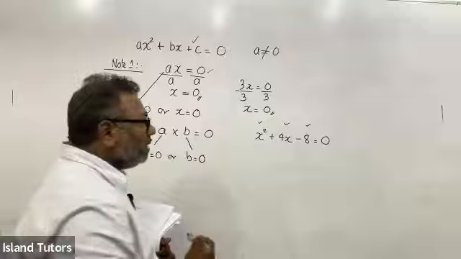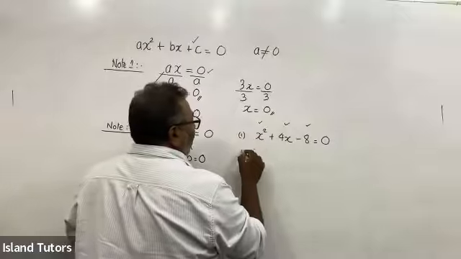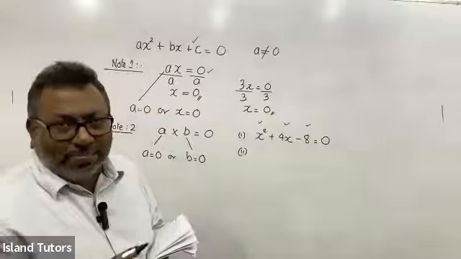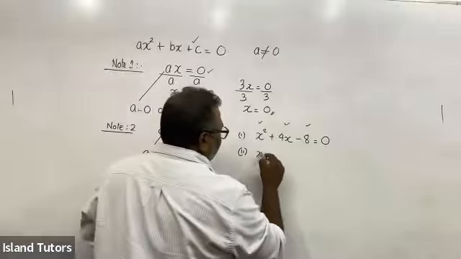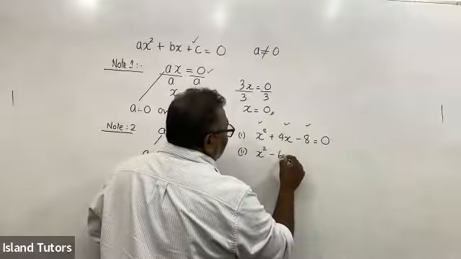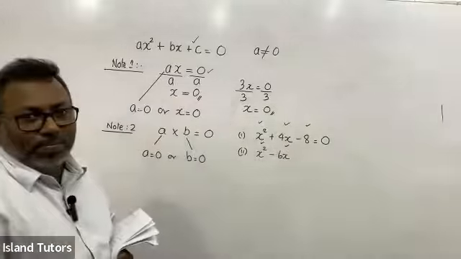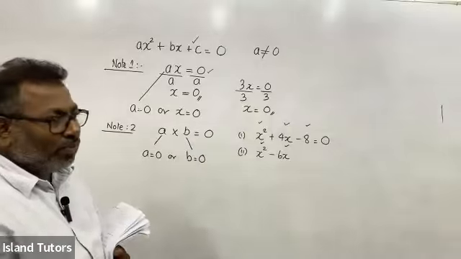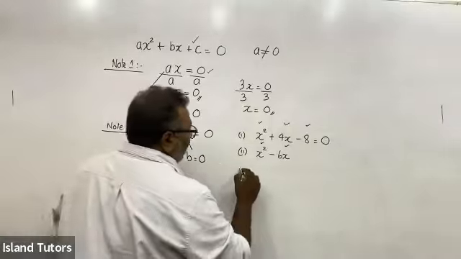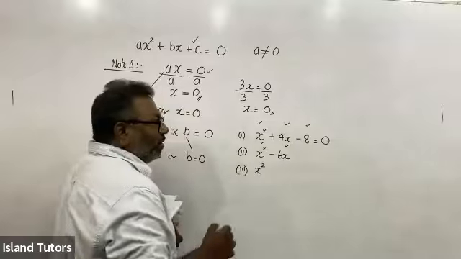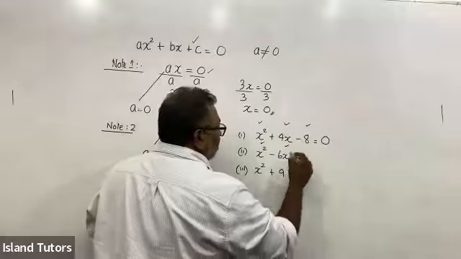Right? The second type of quadratic equation, you will have a square term and an x term. X squared minus 6x. This and this. The third type of quadratic equation is you will have a square term and a constant.